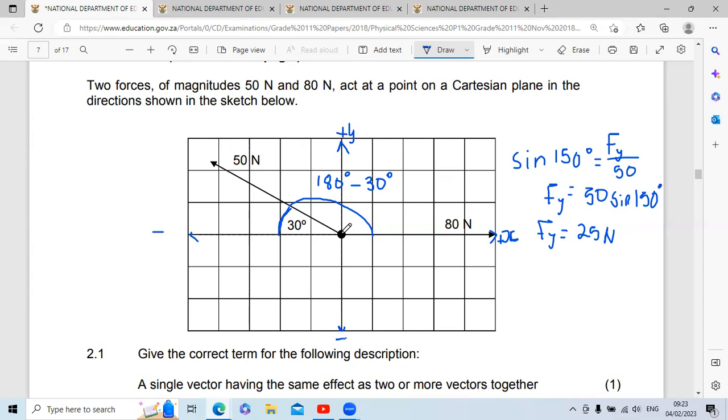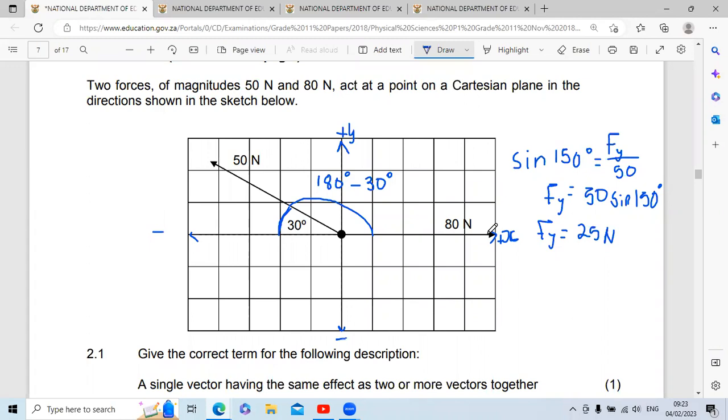So from the 80 Newton vector, we can see that it's on the horizontal. When you see that it's on the horizontal, you know that mathematically it does not have a vertical component.